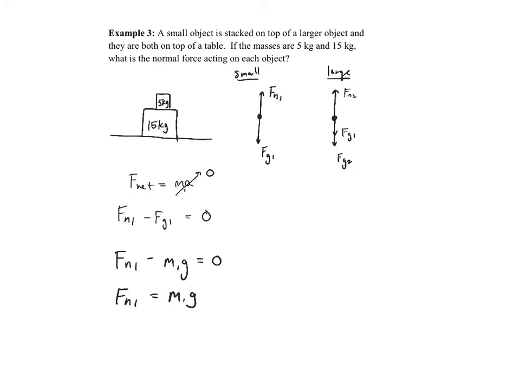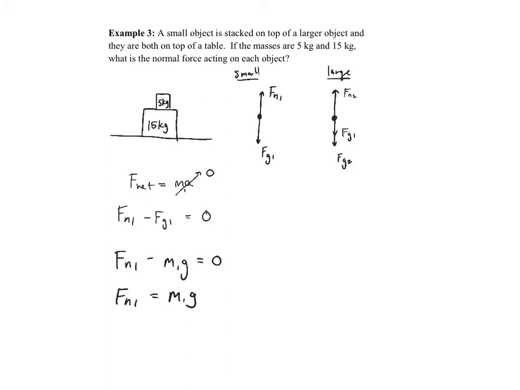Fn1, the force upward from the bigger box, is equal to m1g, the weight of the upper box. So the bigger box's normal force pushing up is only balancing the weight of this object right there. This object's weight pushing down is balanced by the normal force pushing up. And that's what the statement says.